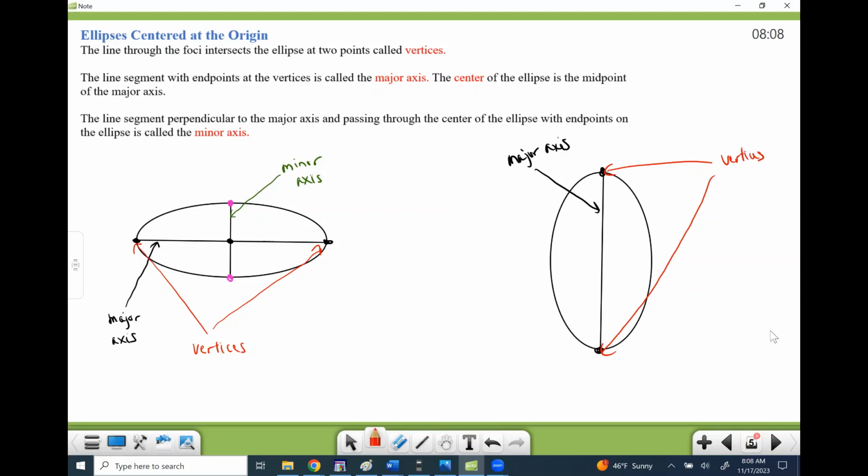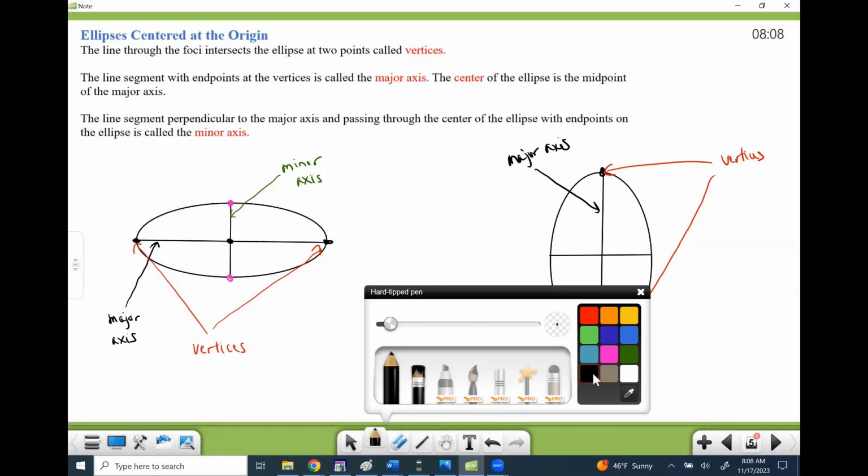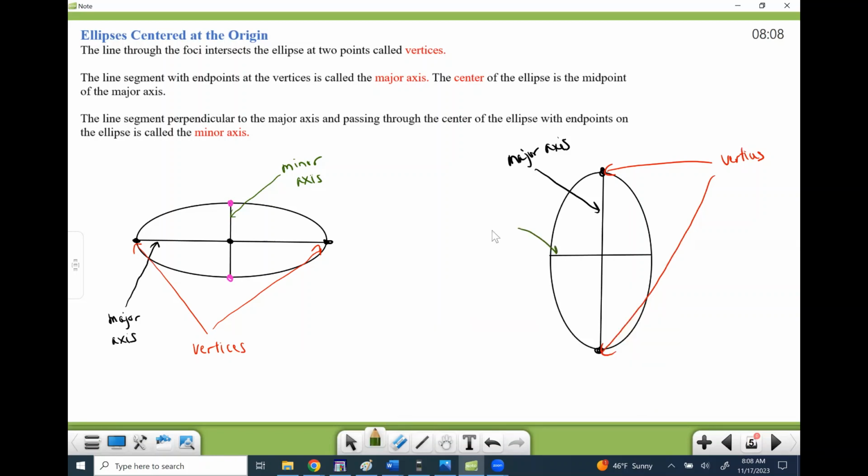And then if we take the shorter segment through the ellipse, then that's what we call our minor axis. Minor. And then these could be called our co-vertices or our minor axis endpoints. Okay.